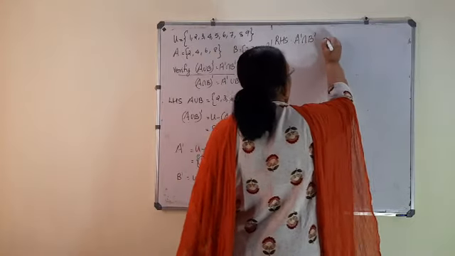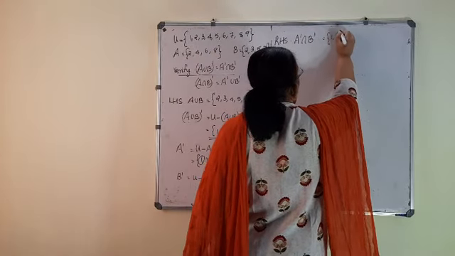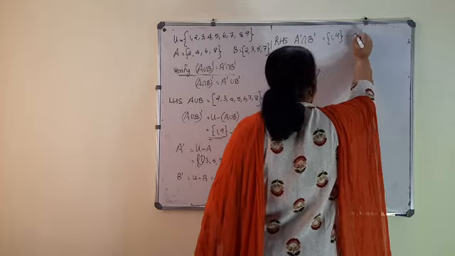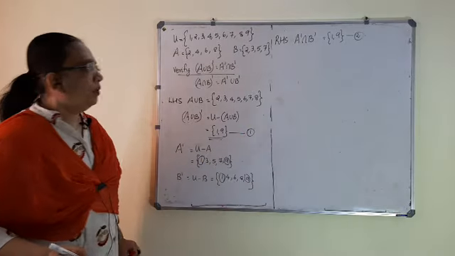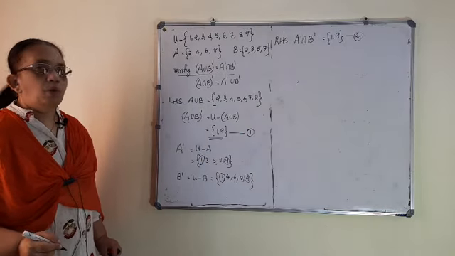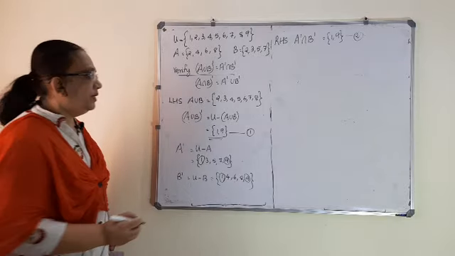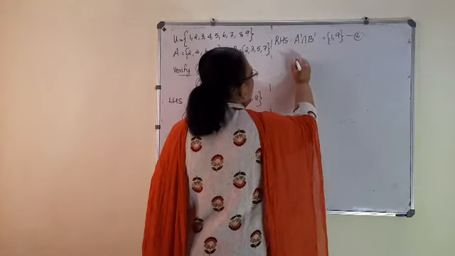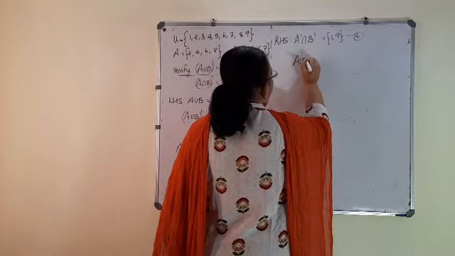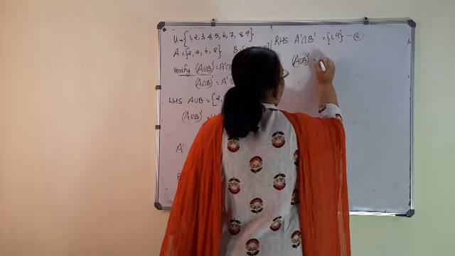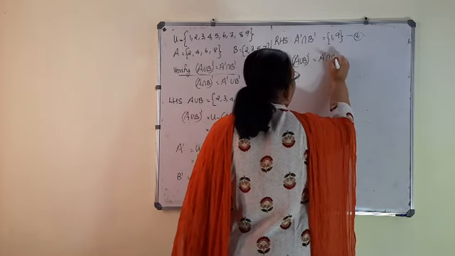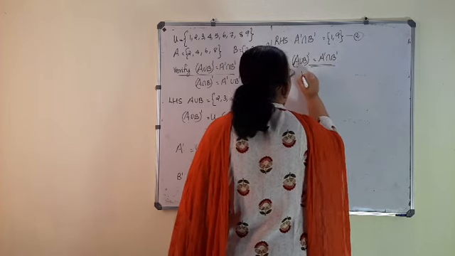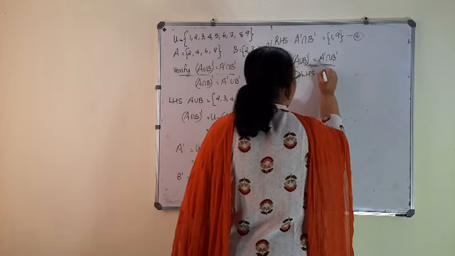That is equal to the set 1, 9. That is equation number 2. So from equation number 1 and equation number 2, what can you infer? You can infer that A union B the whole complement is equal to A complement intersection B complement. That is, LHS is equal to RHS.